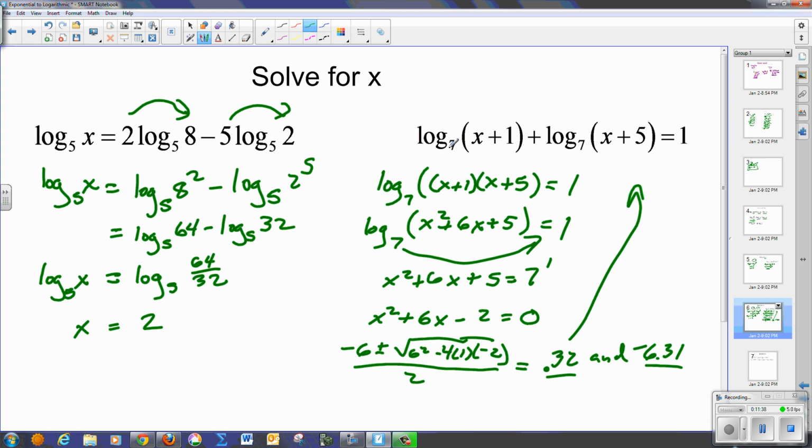All right, I cannot raise any positive number to a power to yield a negative number. So therefore, this is an extraneous answer. My only answer in this case is 0.32. You cannot have the log base any number equaling some negative number.